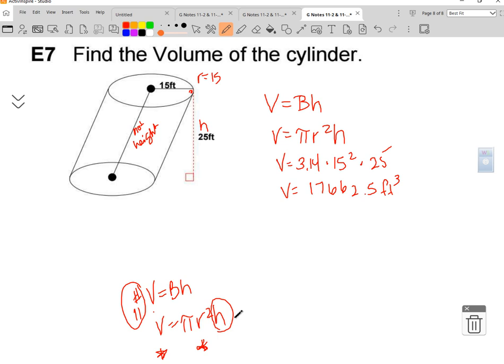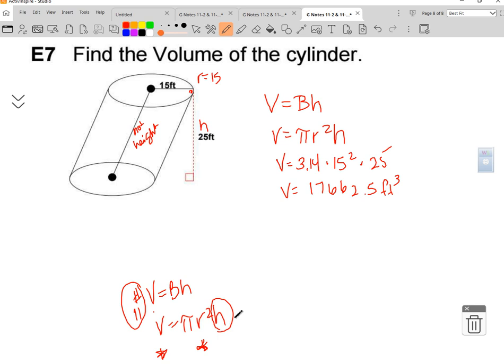Number 11, you'll see they give you the diameter, and they give you a diagonal, but they don't give you the height. So you're going to use the Pythagorean theorem, right, in number 11? Does that make sense? The diameter is going to be one leg, the height is a leg, and the diagonal is your hypotenuse. Because they don't give you the height, you have to find the height before you can plug in.